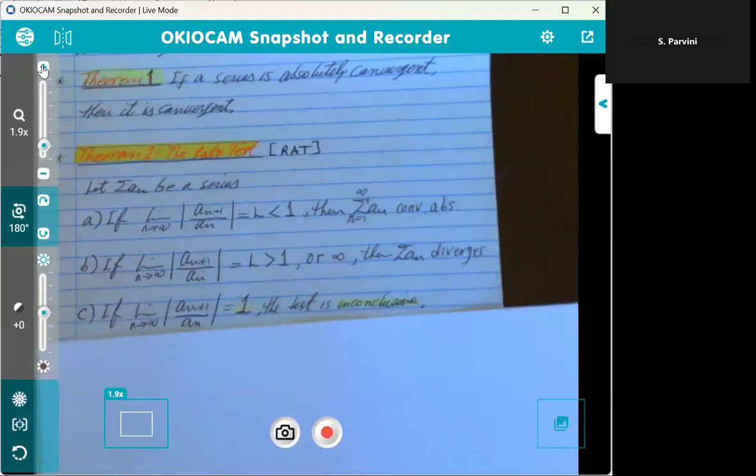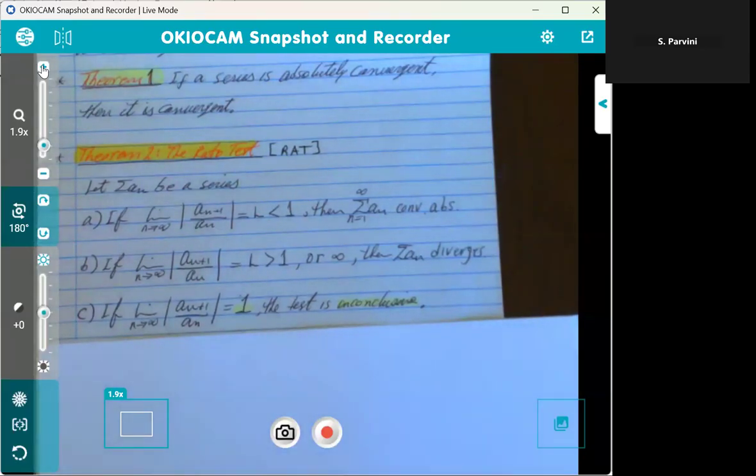Now, this test comes in three parts, and it has to do with taking the limit of one term over another term.